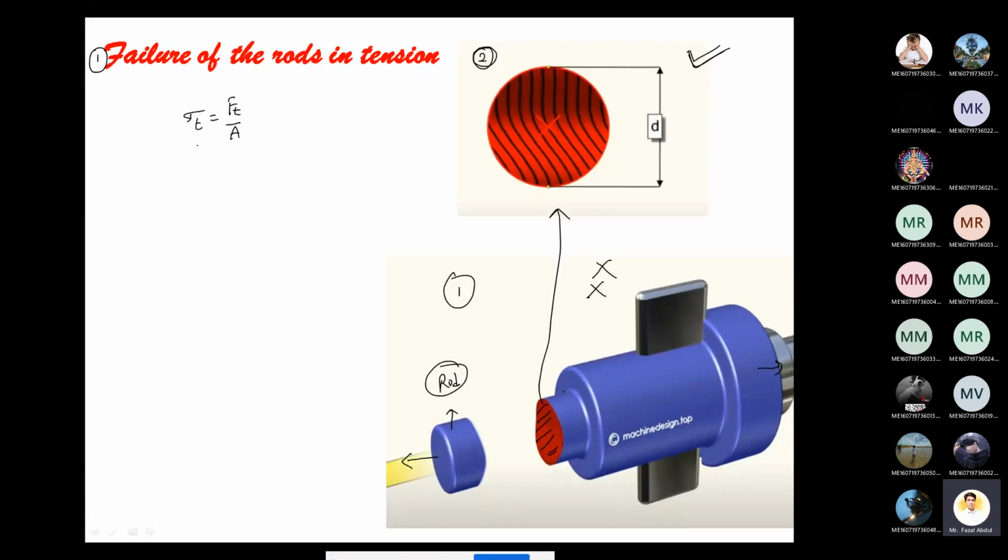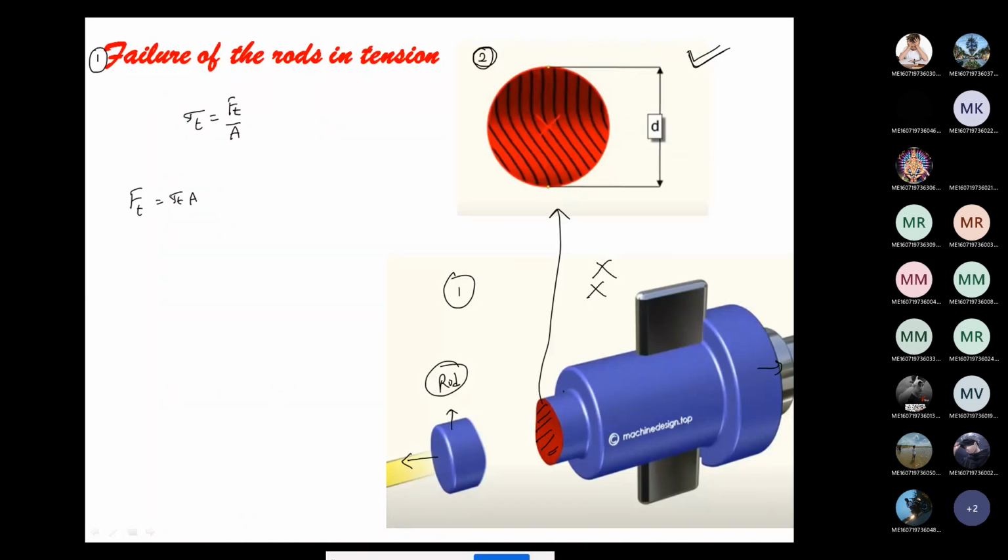So this is the basic equation I'm taking. With this equation, I can write F suffix t equals sigma t into area. This equation we can also call the tensile resisting force for the rods.